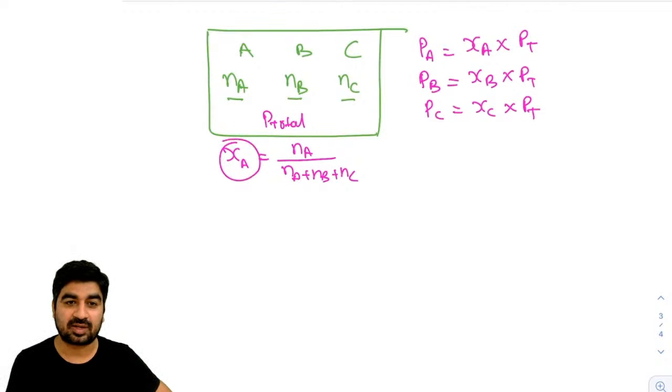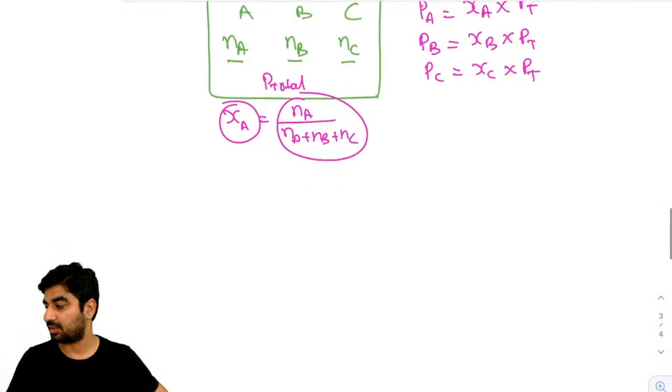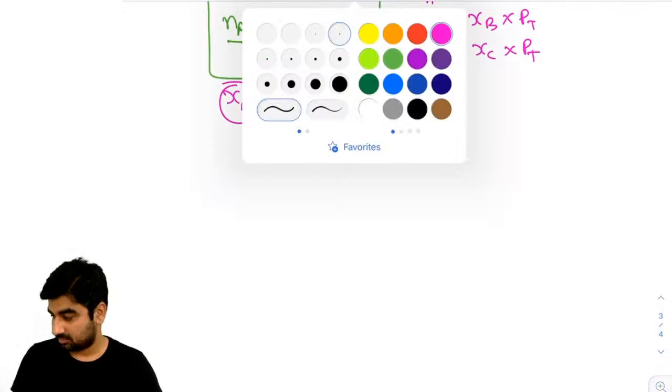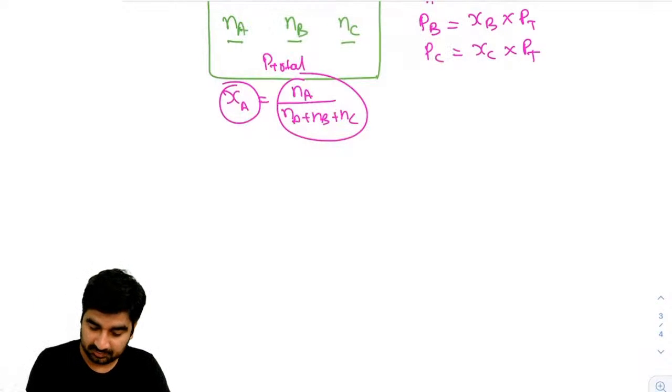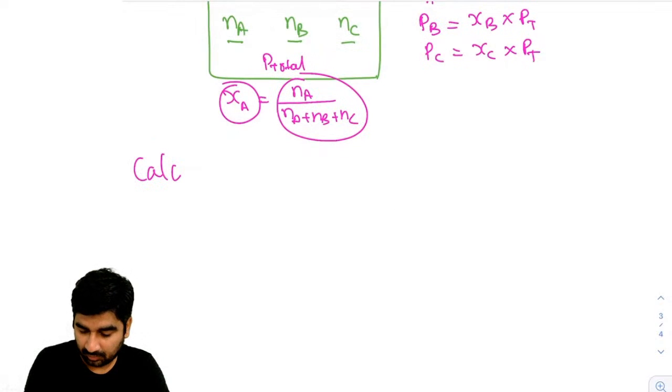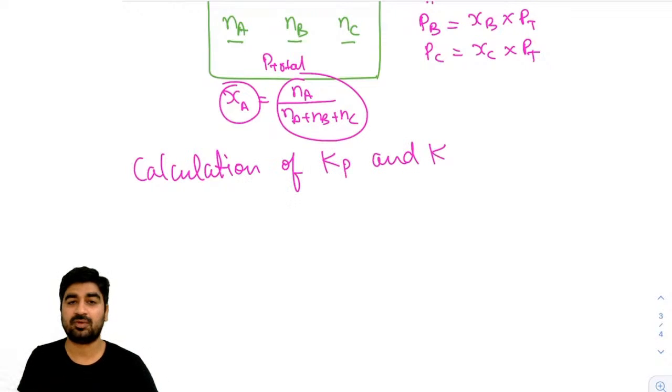So after knowing each and every point, now we will determine the Kp and Kc. How will you determine that? So just note it down. Calculation of Kp and Kc.